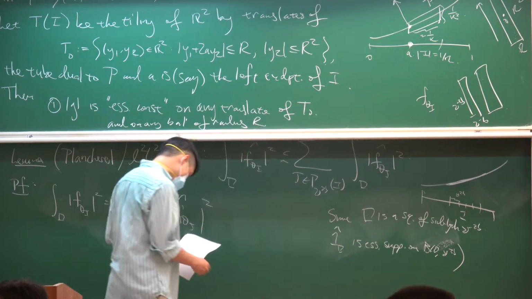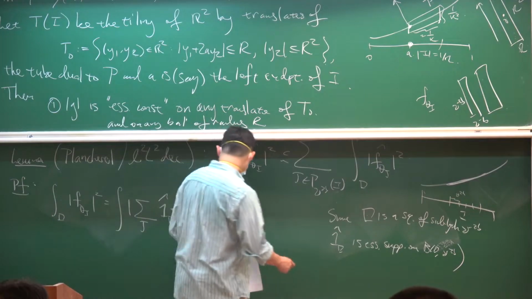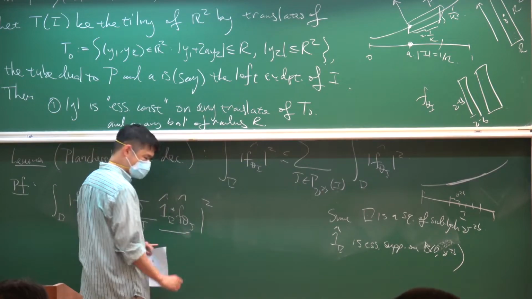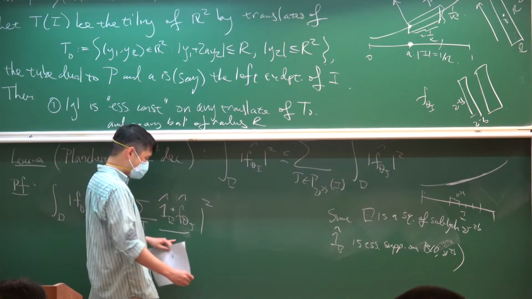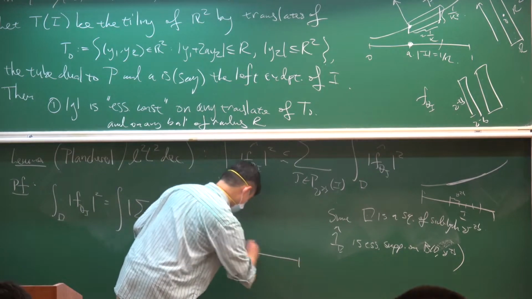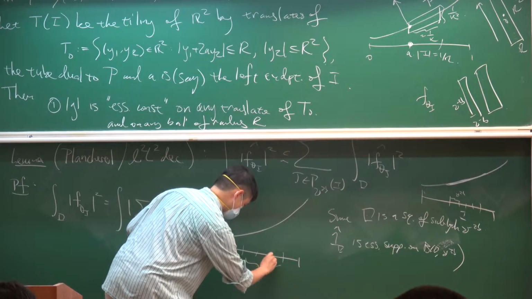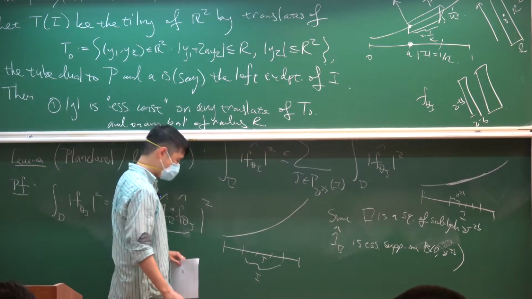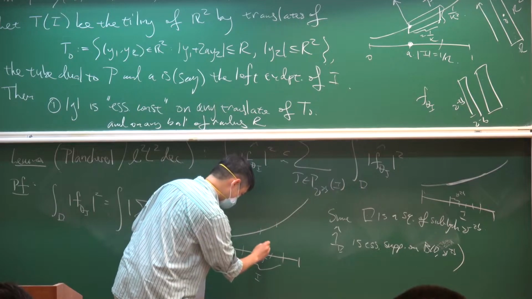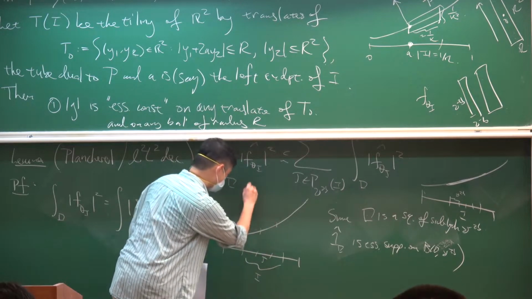Okay. And so what do these guys look like? Let's go back to the picture. Let's say this is my interval I. This is my interval j. j is of length nu to the 2b.